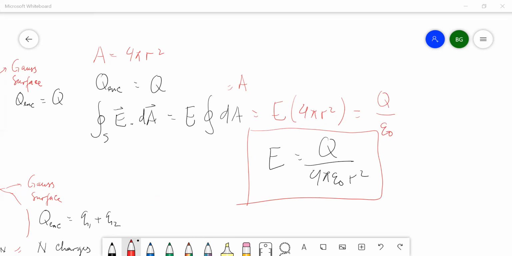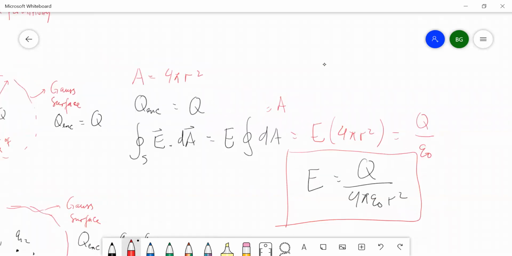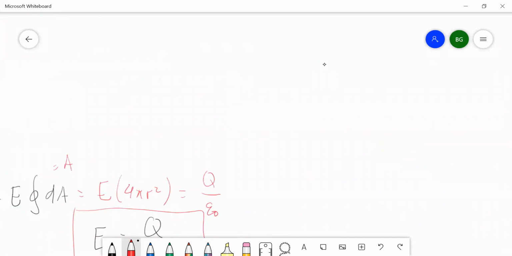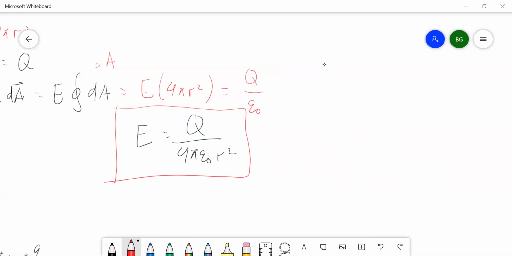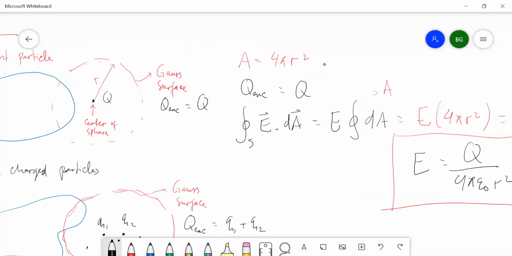This only applies for point particles? No, in general. Okay, let me explain. Why point particle? Because, as you see, this depends only on the radius of the surface.